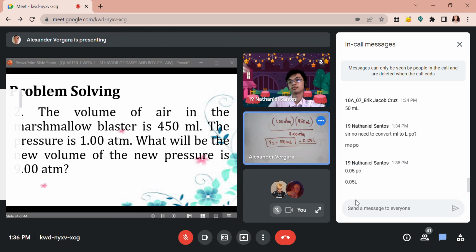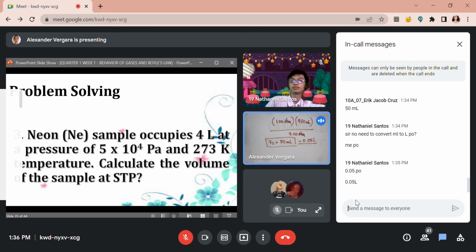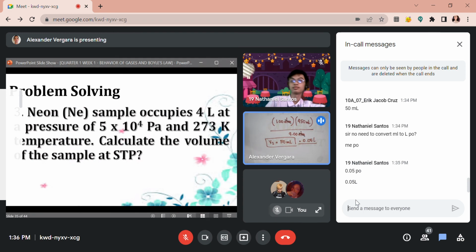Question? None? Let me see if we still have another. Okay. What about this one? Teacher, may times 10 raised to 4 pa? Okay. So number 3, neon, which has the symbol Ne.